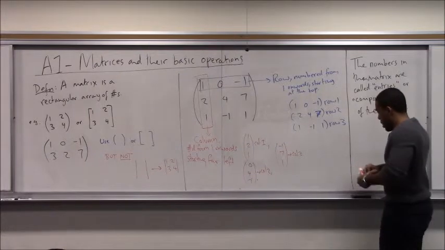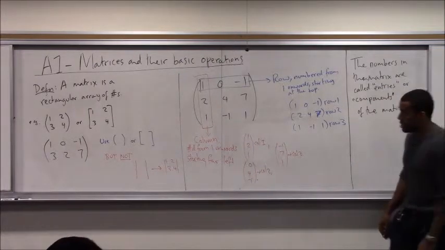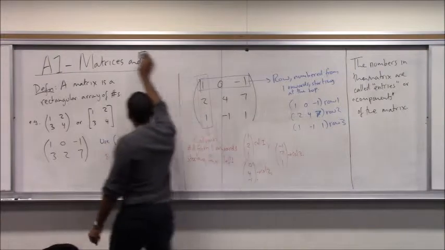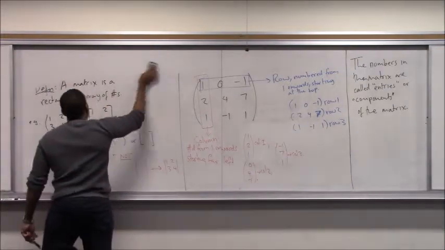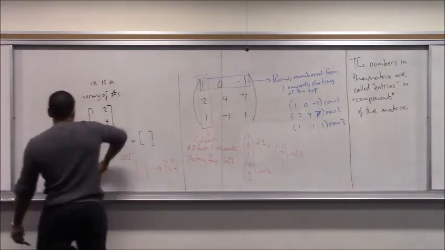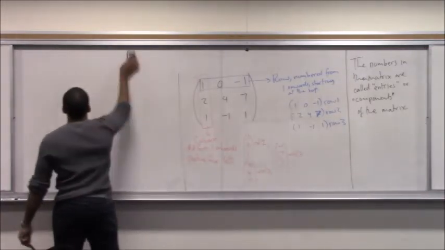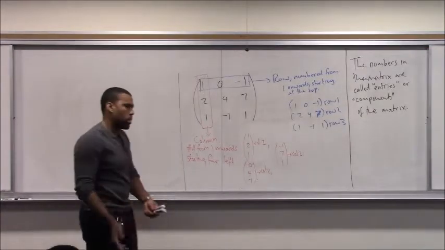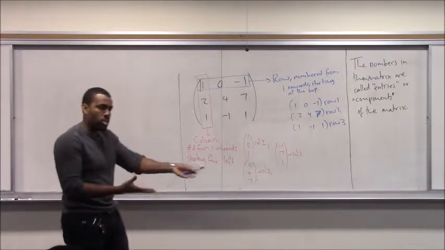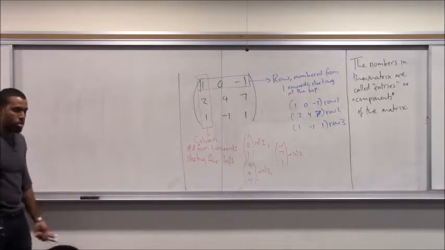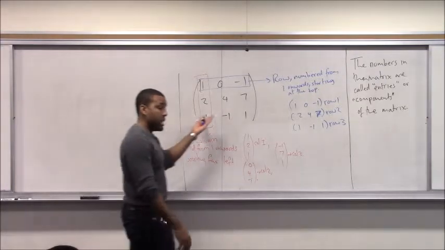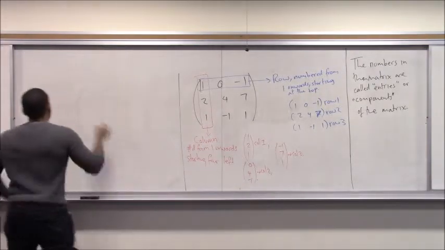We can now talk about notation for all these things. Just like how we can have a function and give it a name, we can say f of x. Okay, we're talking about the function f of x. And you know there's a formula for it, but you don't want to write down the formula all the time. In the same way you can name matrices. Let's talk about notation.